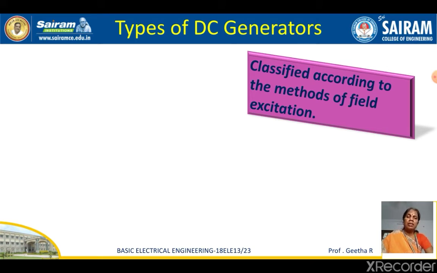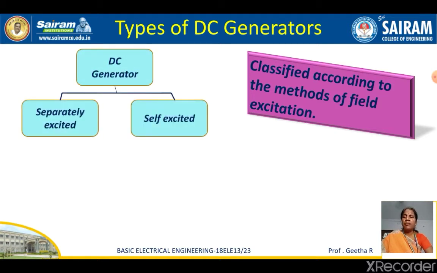So how this field is excited, how it is produced and connected, accordingly the generators can be classified. So DC generator can be classified as separately excited and self-excited. In separately excited, the excitation part, that field winding, will be kept separate.